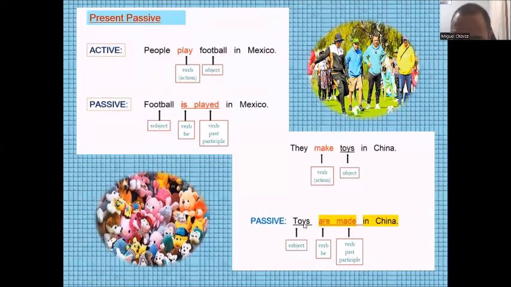Toys, then the verb to be, in this case, we have a plural subject. That's why we have to change the form of the verb to be to are. Toys are made in China. Then you need to keep in mind if we have a singular subject or a plural subject.